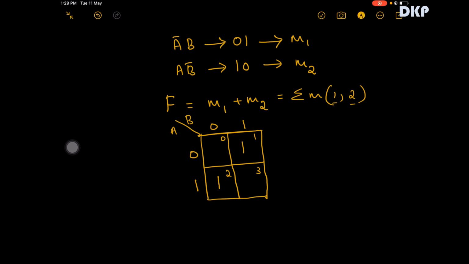And whichever minterms are absent here, we can either place zeros in those corresponding cells, or we can leave them empty. So this is how you map the SOP expression.